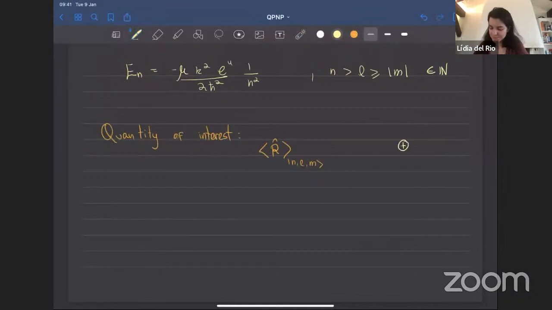Well, if I think I have my proton here in the middle, and then my electron has an orbital somewhere here, I want to know what's the average distance between the electron and the proton. Later on, this is used, for example, in solid state physics to know how many atoms I can pack in a given volume. For this, I need to know the size of an average atom. And because the protons are all glued together in the nucleus, what this means is how far these electrons are from the nucleus. So I want to know this.